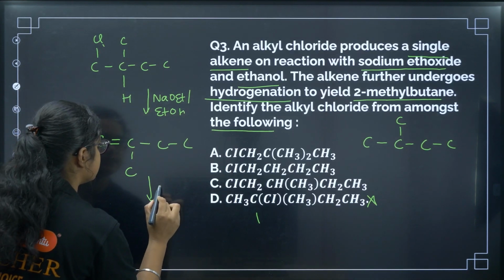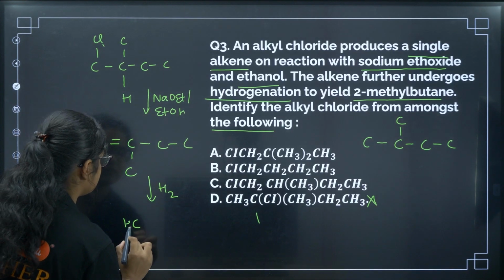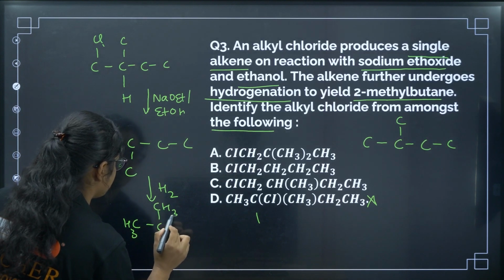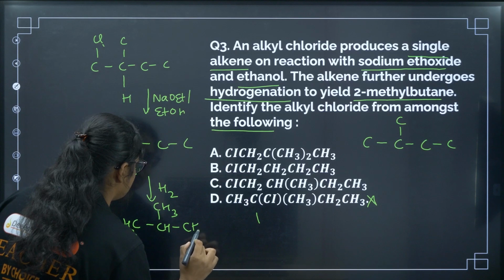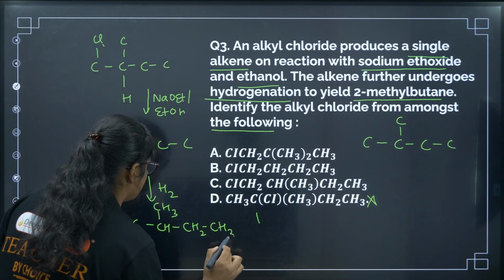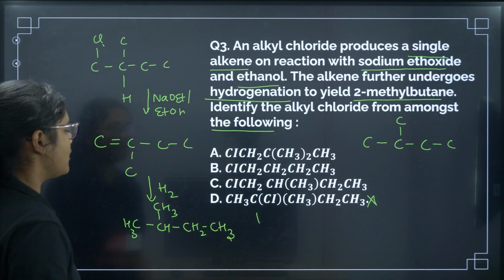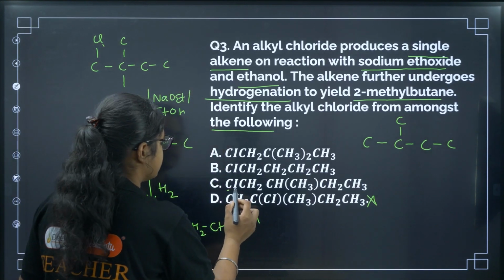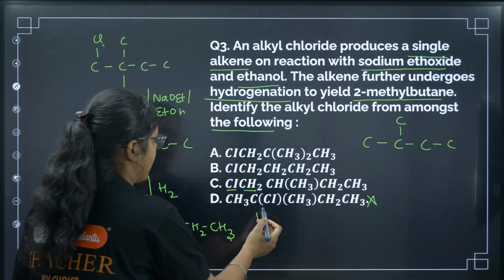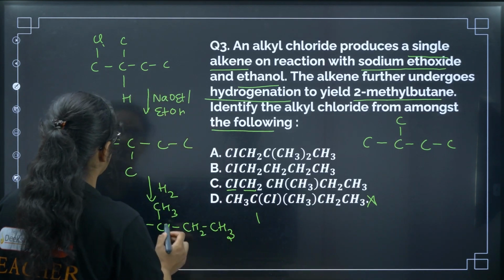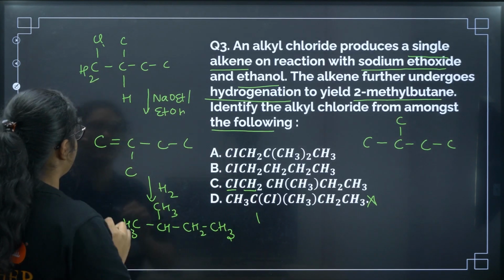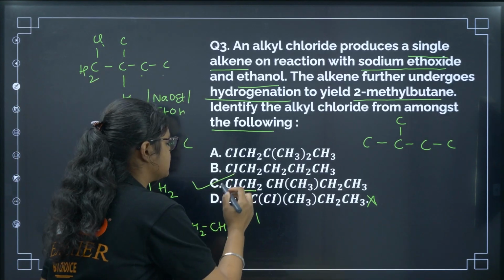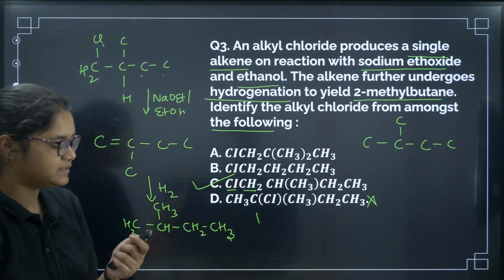Now when you do hydrogenation, we will get CH3, CH, CH2, CH3. Okay. So now if you see here, the correct answer we can get is Cl, CH2, and then we have to find the alkyl chloride, right? So CH2Cl, then CH, CH3, CH2, CH3. So the correct answer for this question will be option number C.